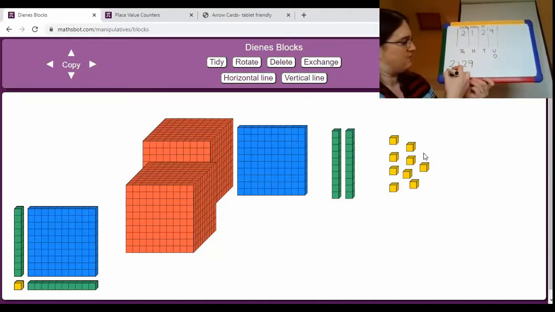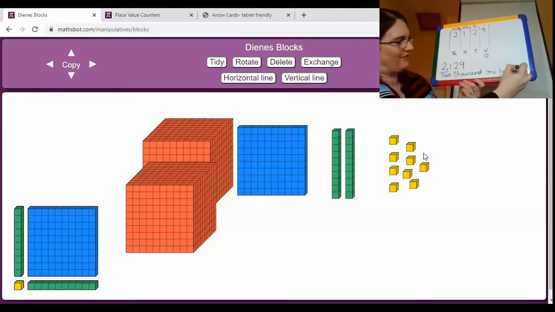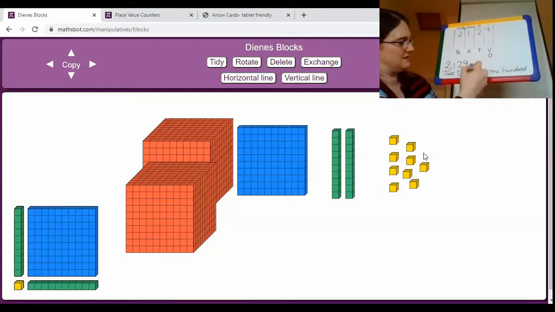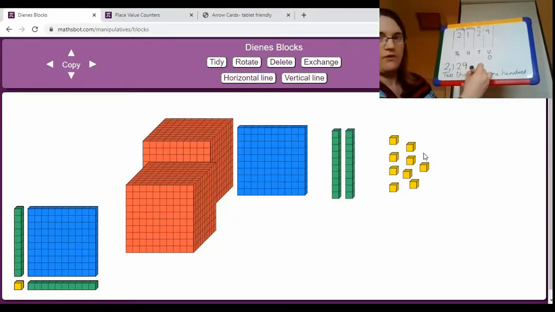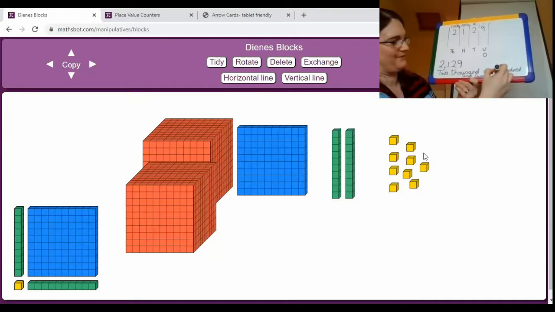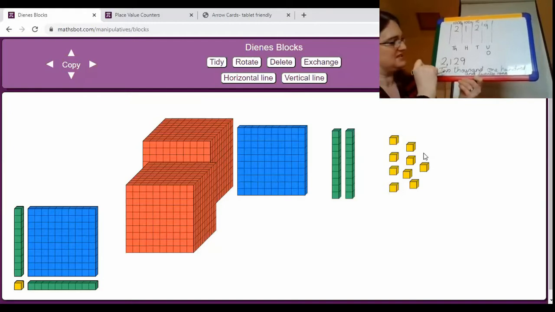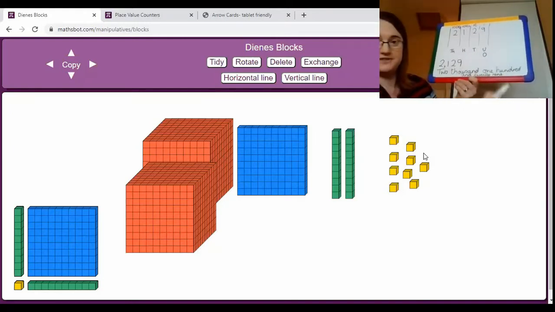And then we're going to write in words 2,129. Okay, and we've got the answer in 2 different ways, in numerals, in digits, and in words.